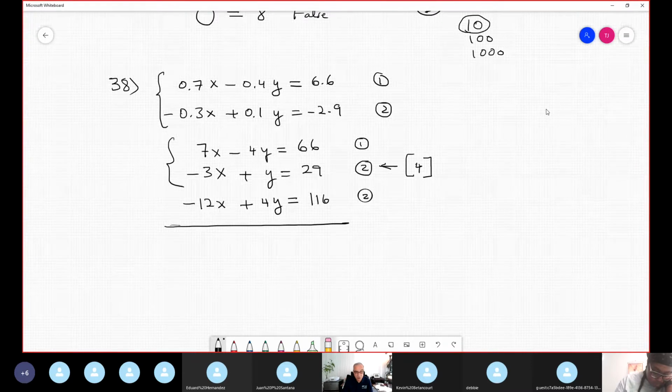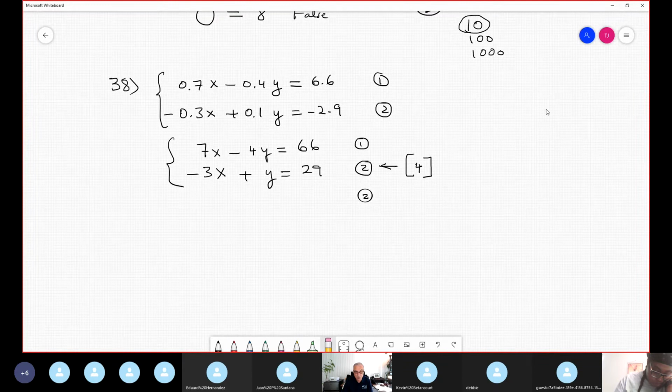No. Okay, let's do it again. You multiply equation number 2 by positive 4. Why? Because when you multiply by positive 4, we have here positive 4. Of course, positive 4 times negative 3 is negative 12x.